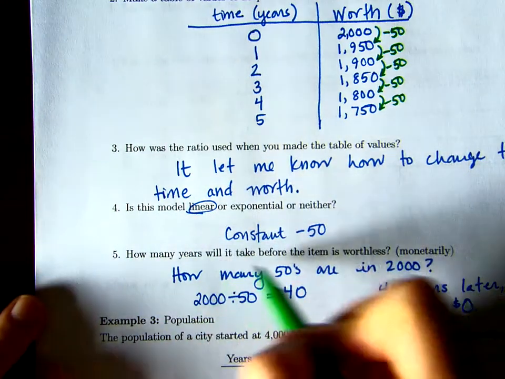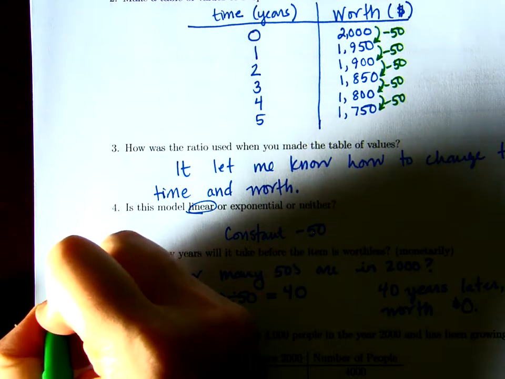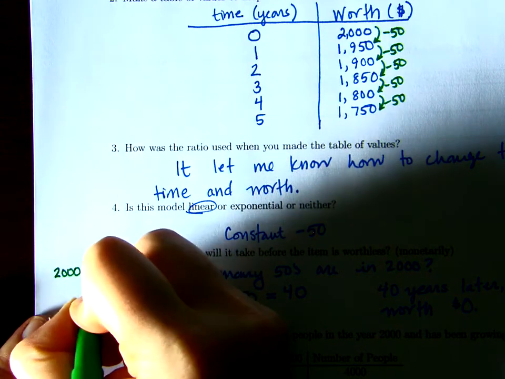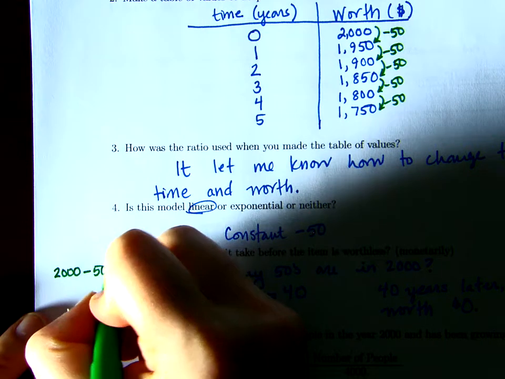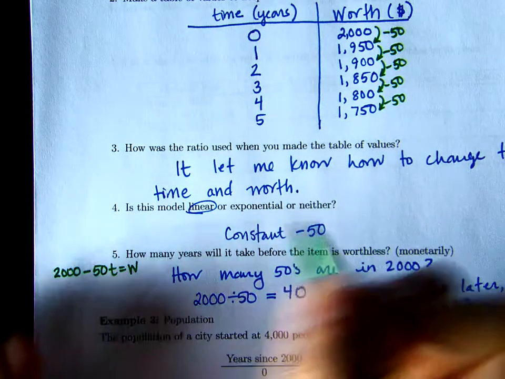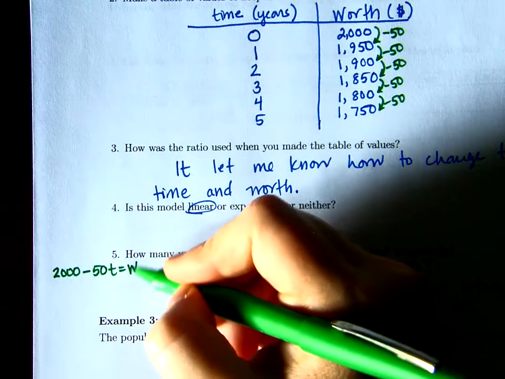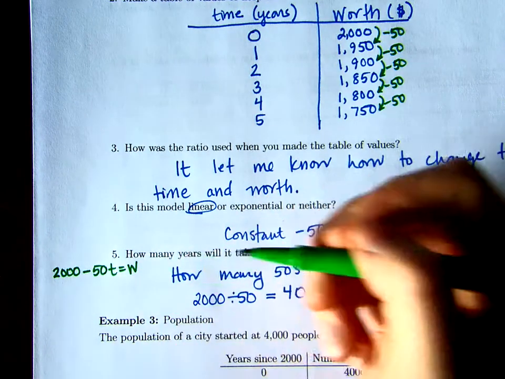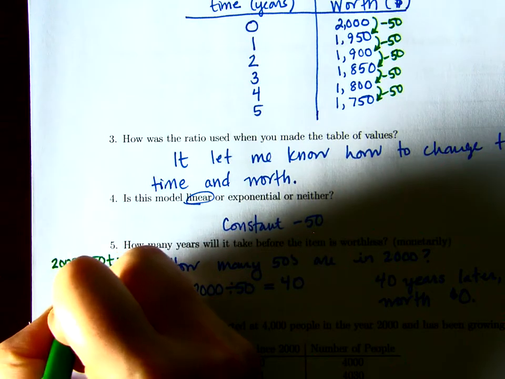I've had students who, when they were solving this, actually write $2,000 minus $50 each year. I don't know if they call it T or whatever, and then they call this worth or value. Then they put a 0 here and solve this equation because they have some old skills and remember how to do this.